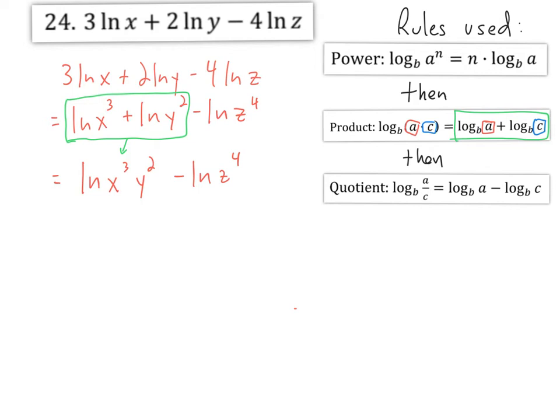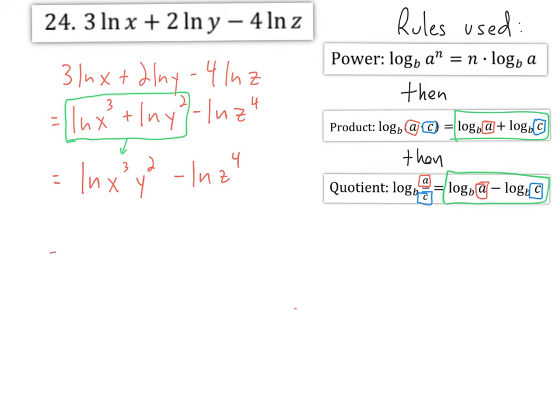Okay, and then the last thing, we'll use the quotient rule. So we have a log of 2 things subtracted, so we have this right-hand side here. And so that means we can take the argument of the first and make that the numerator of a fraction once we combine these into one log, and then take the argument of the second thing and make it the denominator of the fraction.